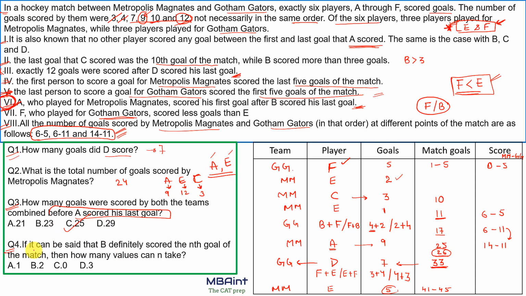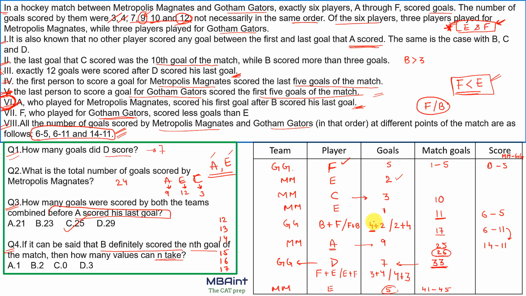Now question number 4. If it can be said B definitely scored the nth goal of the match, how many values can N take? So there is a combination over here that B can take, B plus F is 4 plus 2 or 2 plus 4. So let's start from the 11th goal, that is 12, 13, 14, 15, 16 and 17.